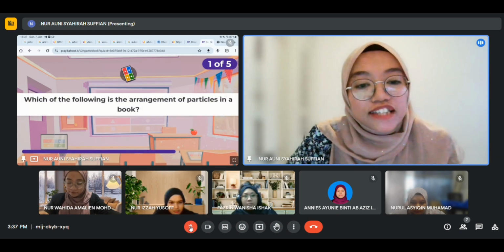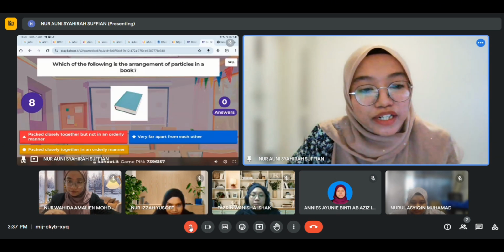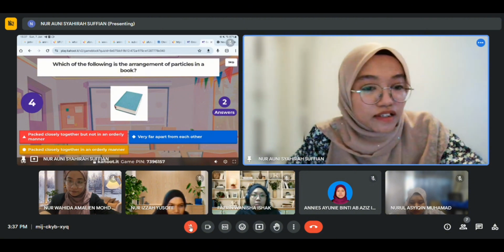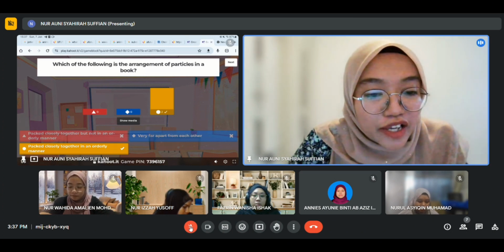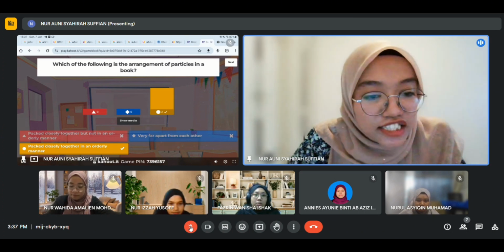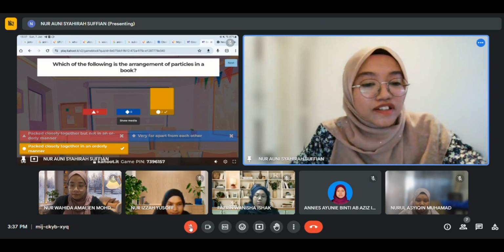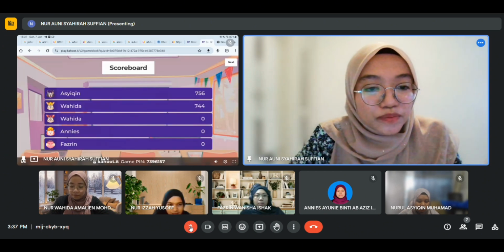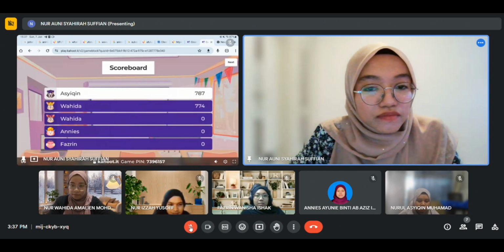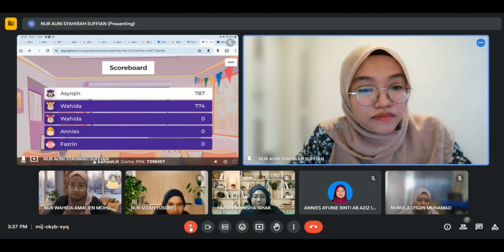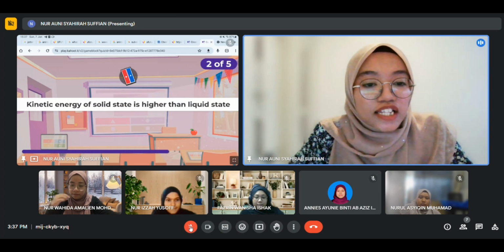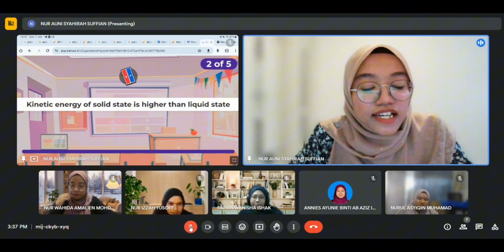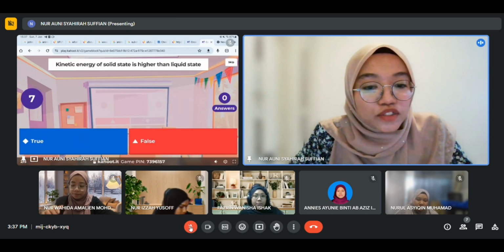First question, which of the following is the arrangement of particles in a book? A, B, C. Okay. The answer is C. Next. Kinetic energy of solid state is higher than liquid state.